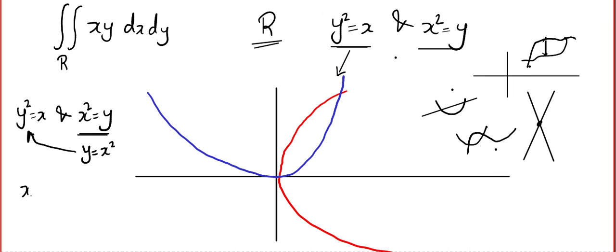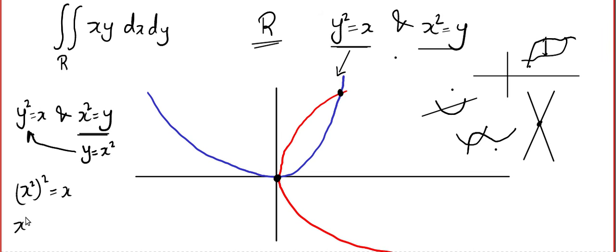So I'm going to get x square the whole square is equal to x. If you know any other technique, you can use that technique. If you want to eliminate x, you can eliminate x, and those things are completely up to you. The aim is very simple. We have to find the points of intersection.